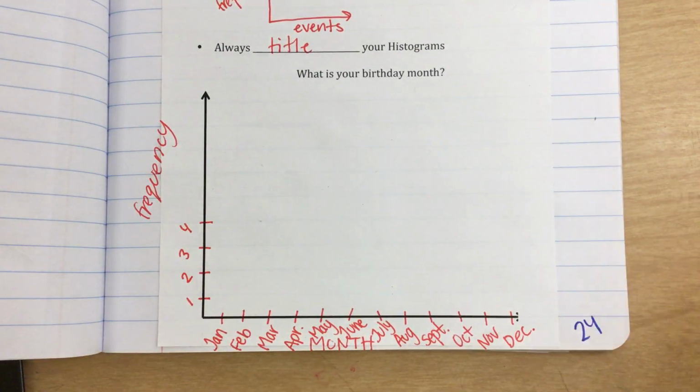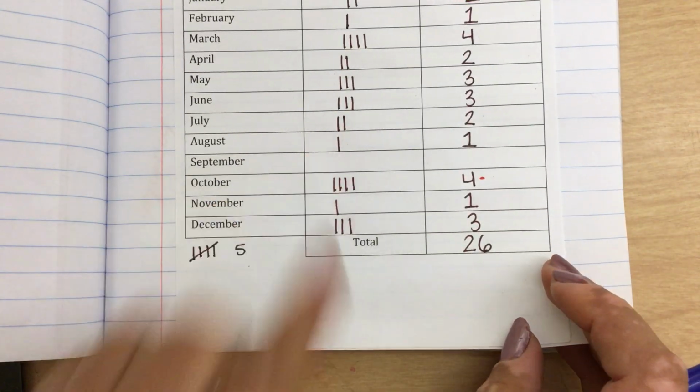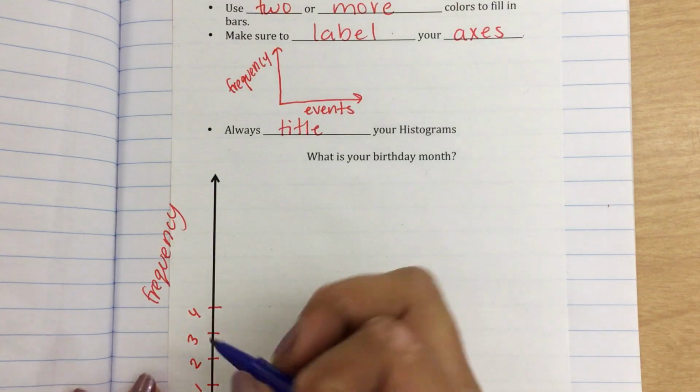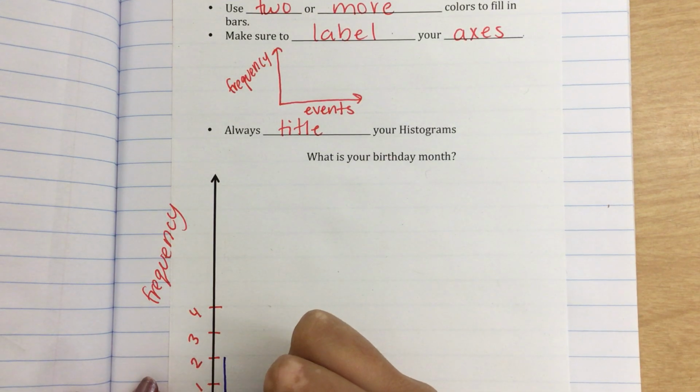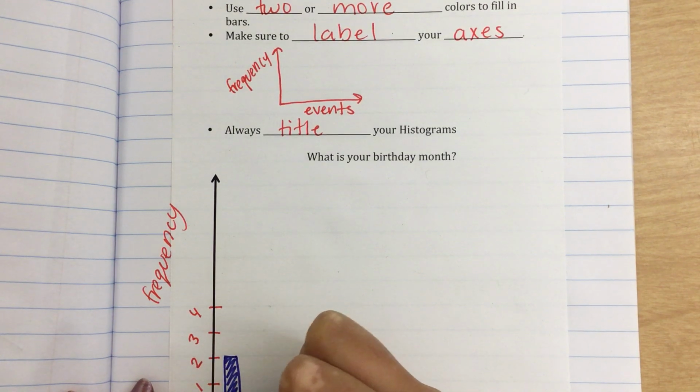So on my frequency, now I'm going to go ahead and do my bars. We're going to look at January, and January had 2 people. So I'm going to go all the way up to 2 people and color that in blue.